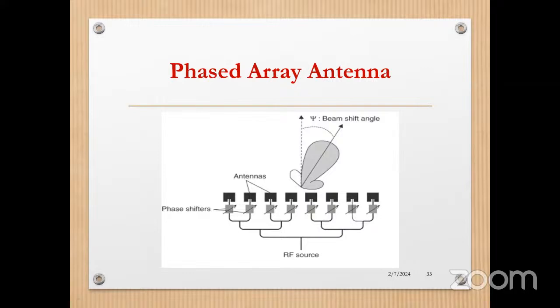This phased array antenna will have thousands of antennas placed in an array-like structure, like a matrix form. So a 100 cross 100 antenna phased array will give me 10,000 antennas, with each antenna rotating the signal phase, where the total phase shift is going to be 360-degree divided by 10,000 antennas.